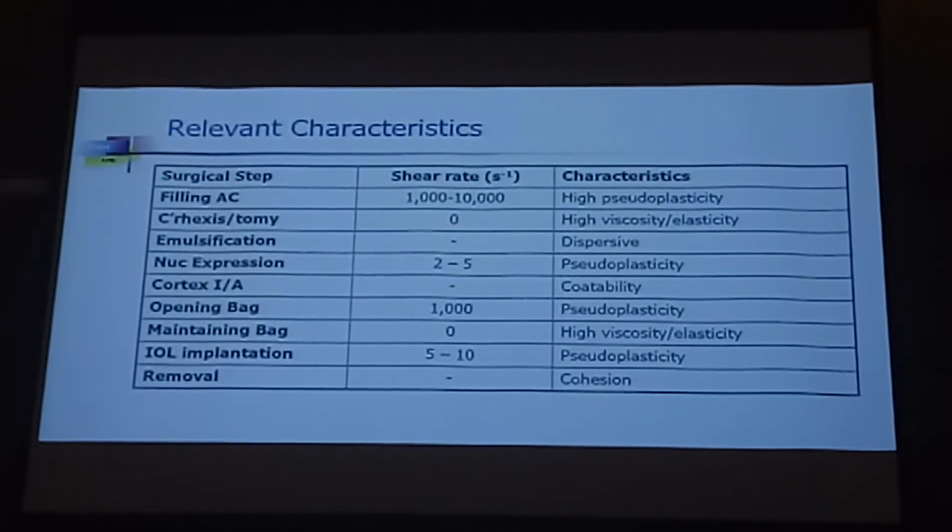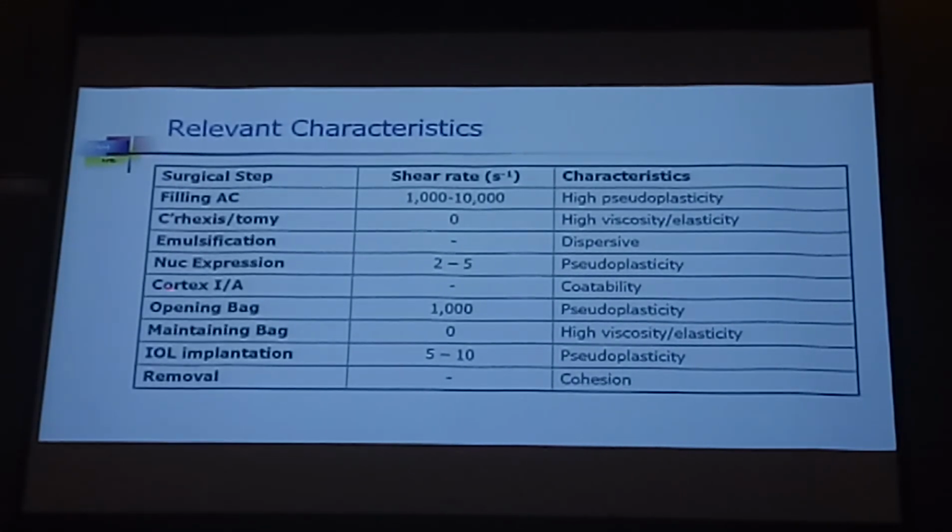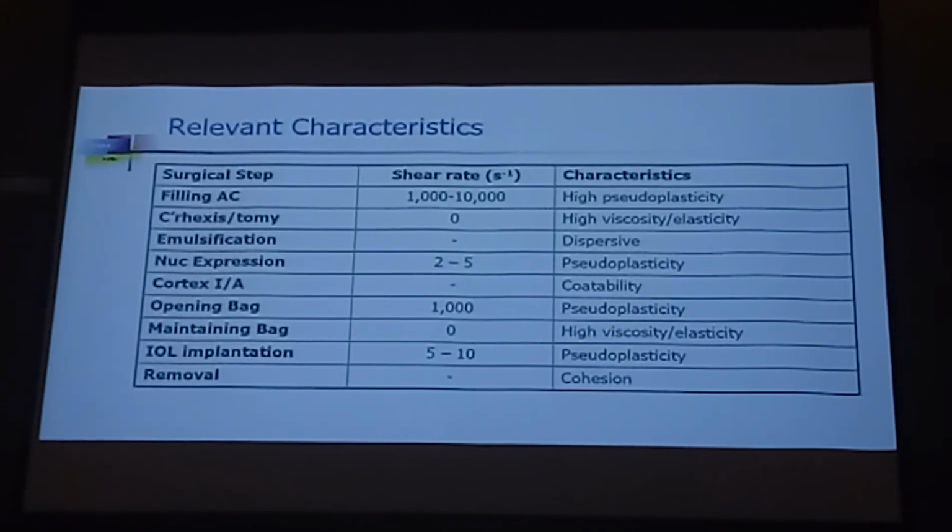Alright? Nuclear expression is for ECCE. Again, that's back to pseudoplasticity because there's movement of the nucleus. You want it to become more fluid. But this is not applicable to phaco. For cortex removal, you want a protective type, because during IA there's a lot of turbulence, and you want to protect the endothelial cells as much as you can. When you open the bag, you want cohesive.